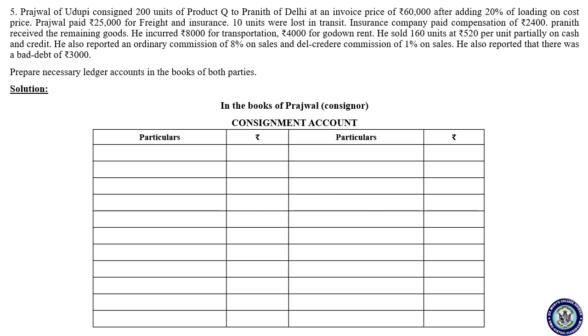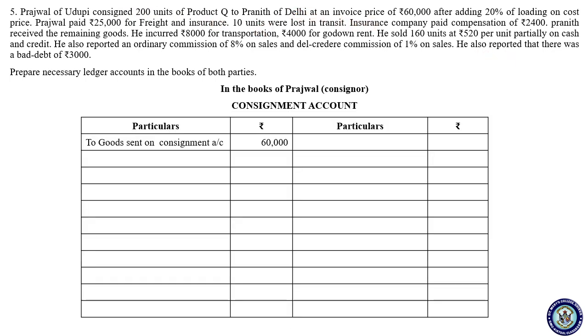So you have to start with the goods consigned. See the first line, that is Prajwal of Udupi consigned 200 units to Pranith of Delhi. So it is To goods sent on consignment.